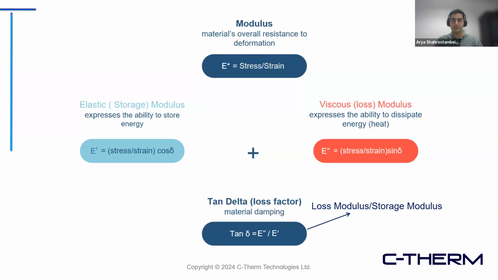This ratio is called loss factor or tan delta, and it is measured for the ability of your material to dampen noise, vibration, and different sound or different waves. It is very important to understand that, and it's being used for different applications. The other important part is that this ratio is very sensitive to changes, so by measuring that, you can obtain very accurate results.